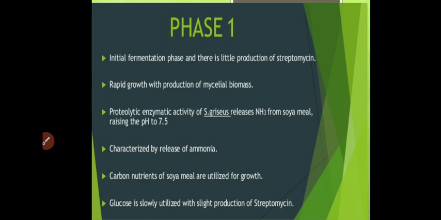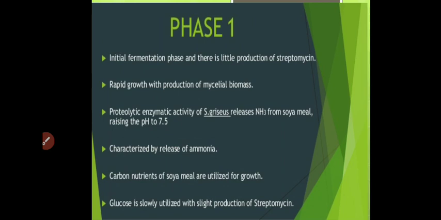It is the initial fermentation phase, and only a very little production of streptomycin may be observed. In phase 1, there is rapid growth and production of mycelial biomass. Streptomyces griseus rapidly grows and mycelium production takes place.